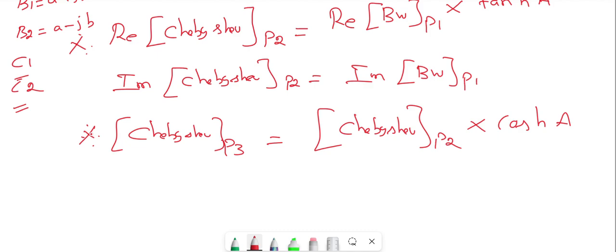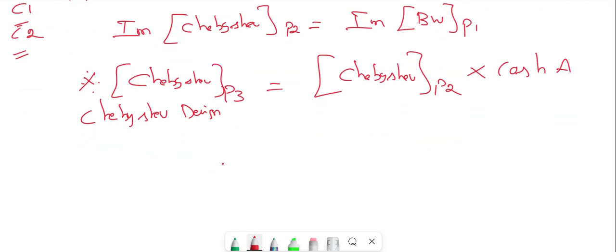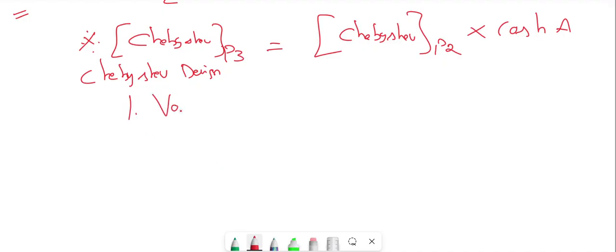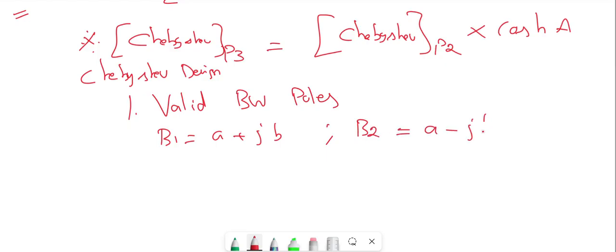If you see the Chebyshev design, similarly here also we consider only the poles between 90 and 270 degrees. In the Chebyshev design, the first step is to take the valid Butterworth poles: B1 equal to A plus jB and B2 equal to A minus jB.